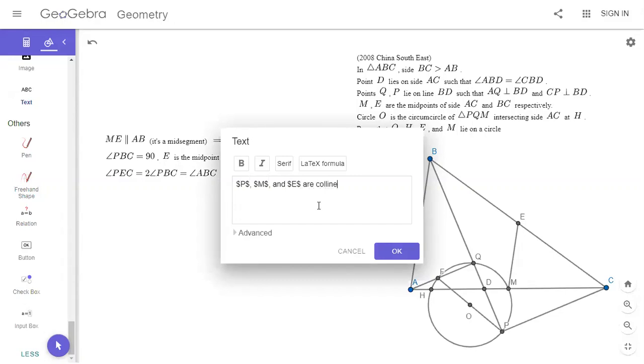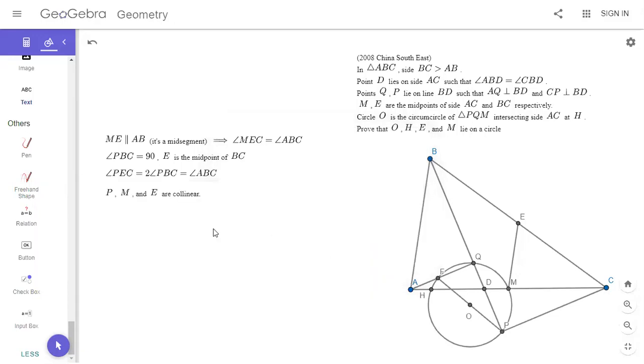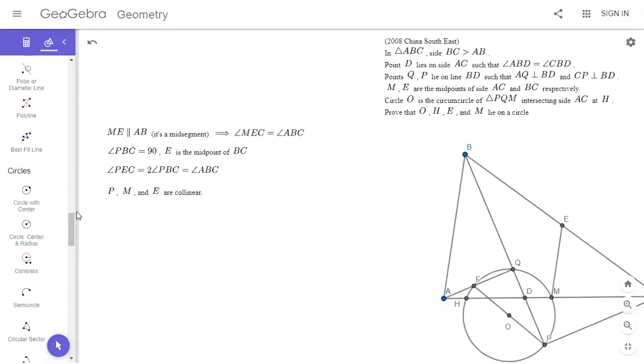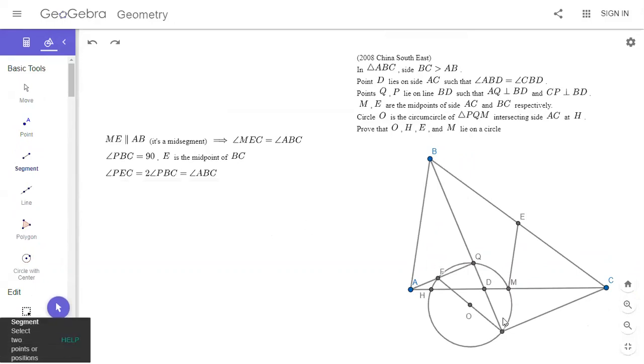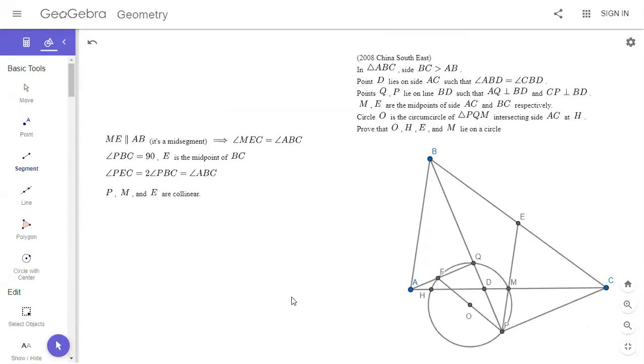I'm going to finish in a half hour, just to let you all know. So maybe one more problem after this. So P, M, and E are collinear. And once we know that, I'm going to finish the way Hakan said.